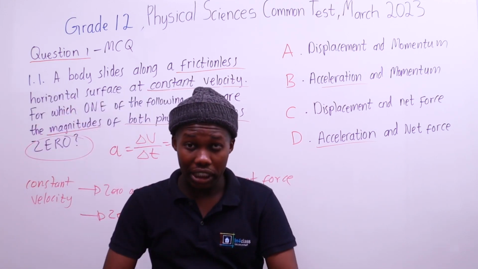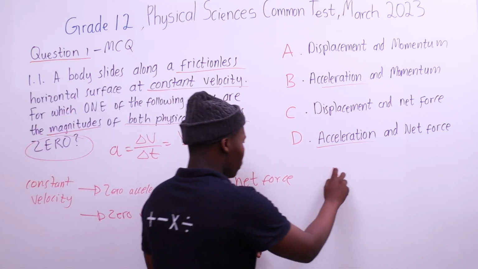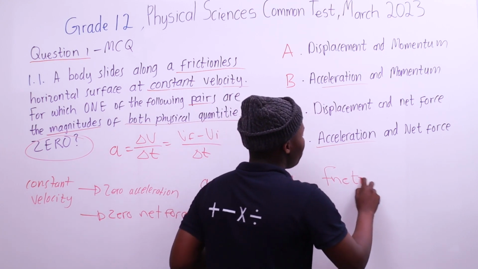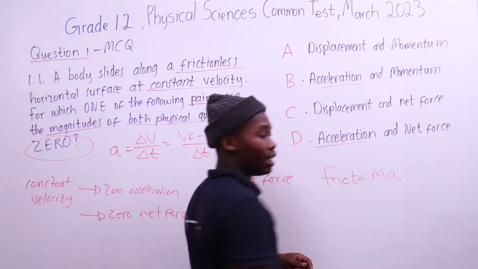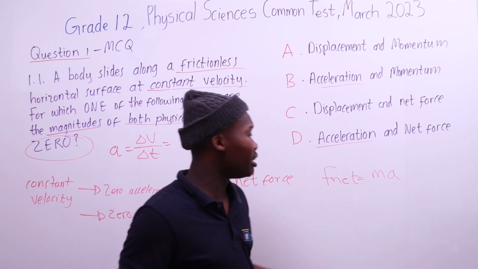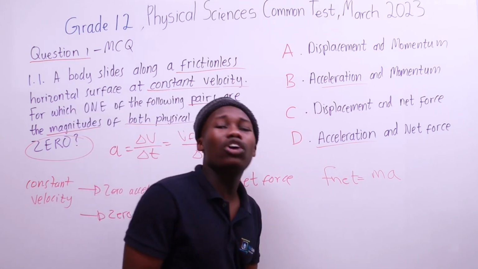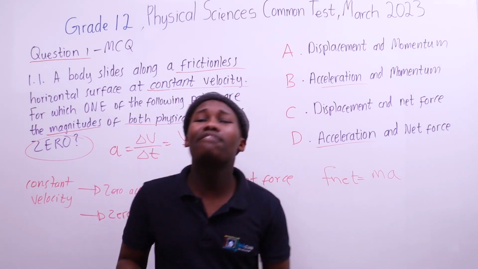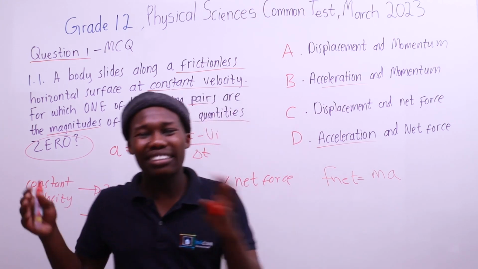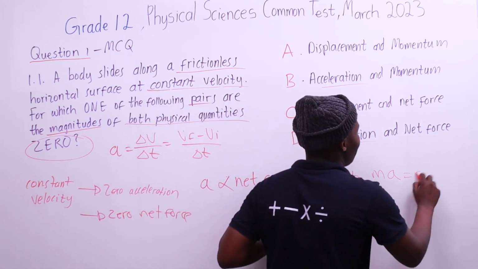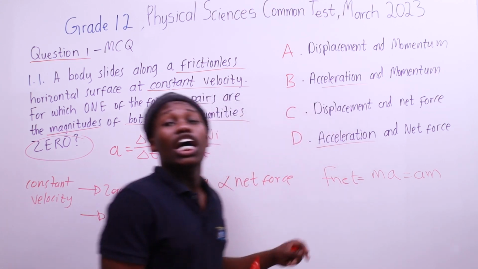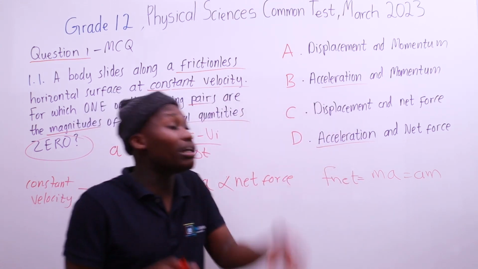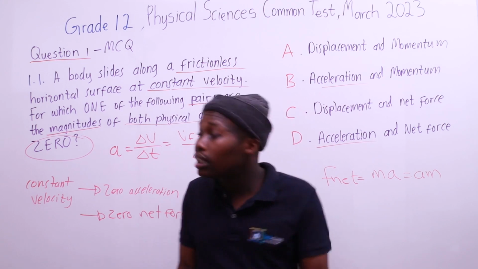Let's prove it with maths now. Let's use the equation. F net is equal to ma. It is mass times acceleration. But remember, according to the commutative law, which you learned in grade 7, 8 and 9, MA is the same as AM, because 2 times 3 is the same as 3 times 2.